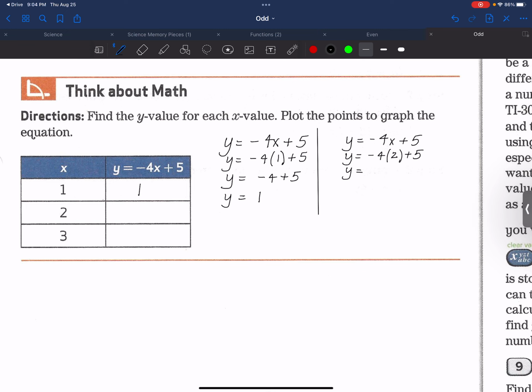So y would be negative 4 times 2, which is negative 8, plus 5. You can also use your calculator right here if you need it, that's perfectly fine. You will have it on the test, on the HiSET. And then let me do it one more time.